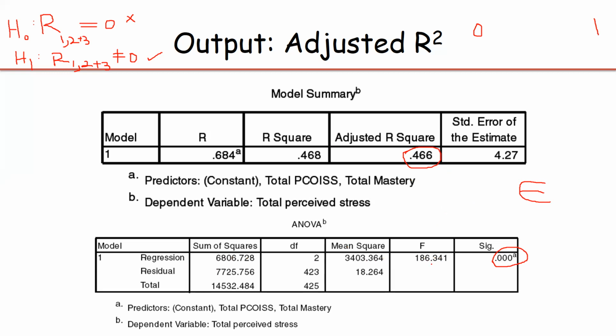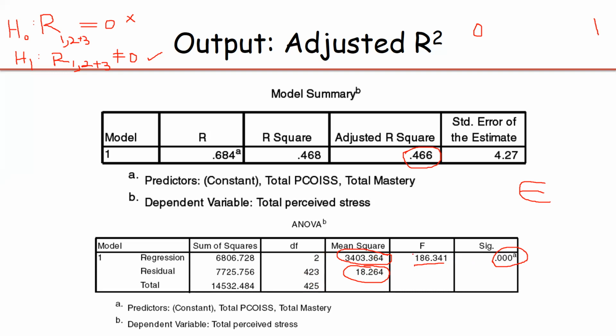ANOVA values, all of you are familiar with how these values are computed. This is the variance due to the known source, and this is the variance due to the unknown source. If I divide these two variances, this is equal to the F statistic. The degrees of freedom is 2, because the total number of variables is 3. The total number of observations used in this analysis is 425, so 425 minus 2 is the degrees of freedom of error, or the residuals.